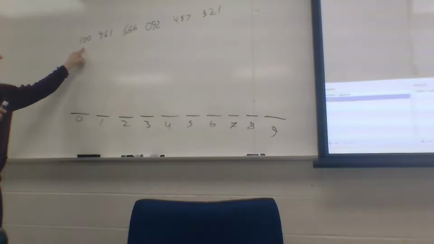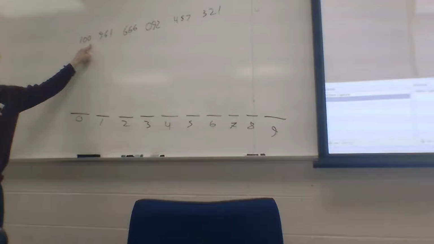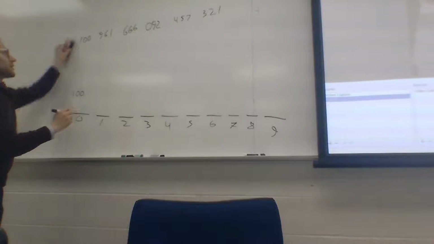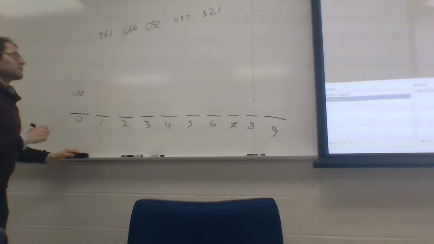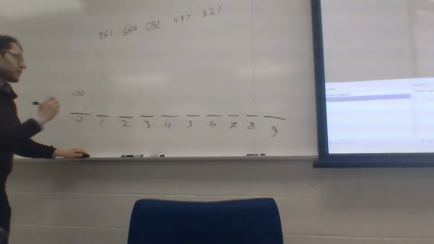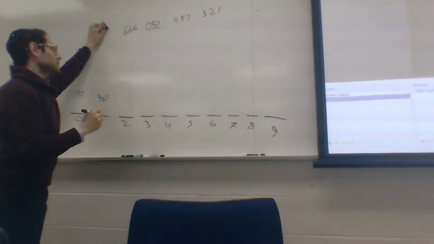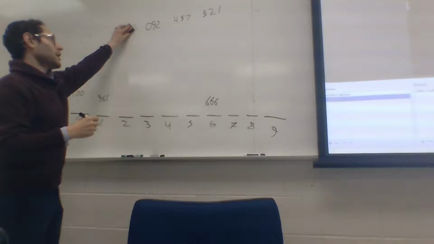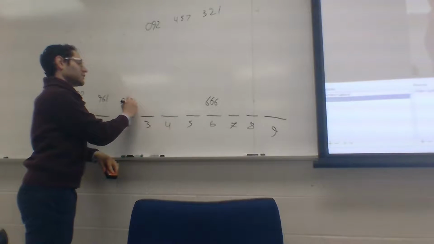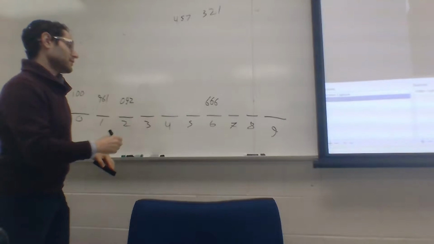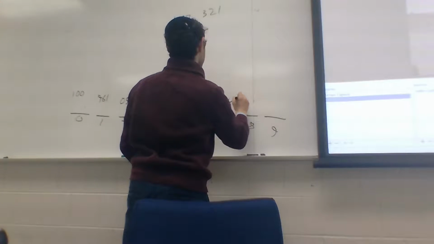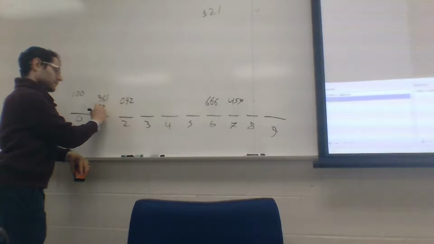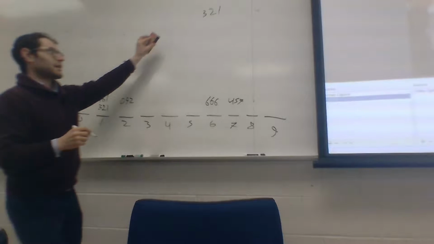For 100, its least significant digit is 0, so I put it in the 0 queue. 961, its least significant digit is 1. 666, its least significant digit is 6, so it goes into the 6 queue. 092, its least significant is 2. 457 goes into the 7 queue, and 321 goes in the 1 queue. Make sense to everybody?